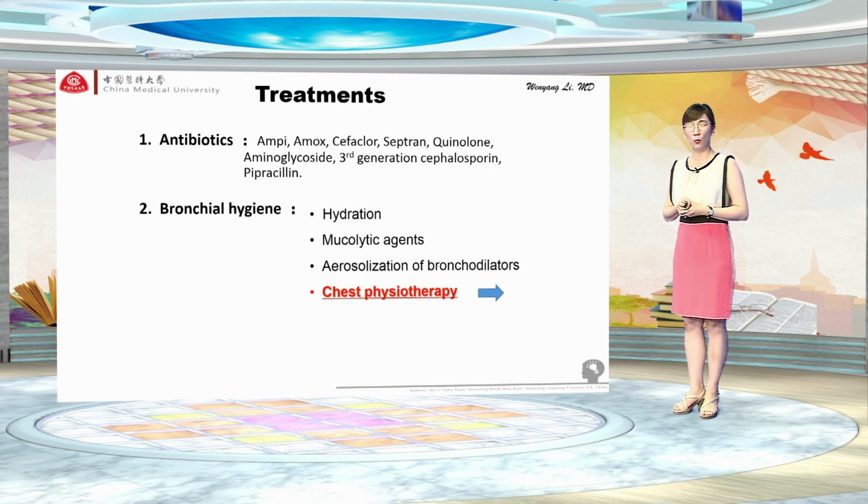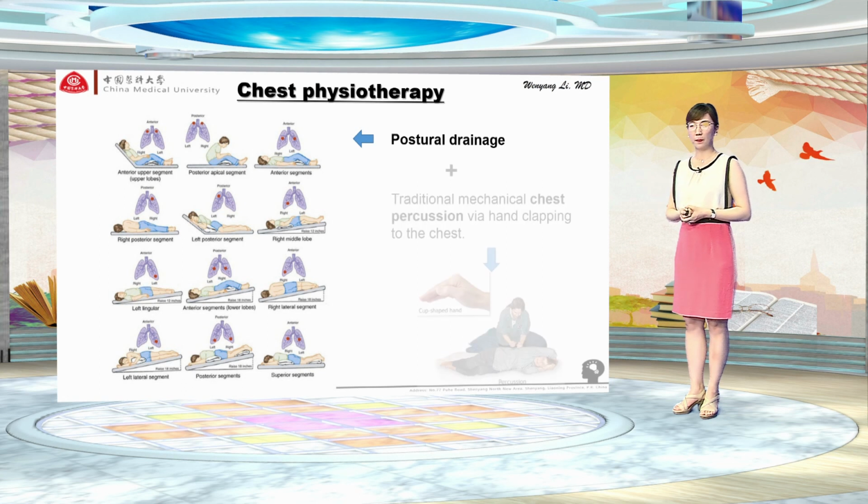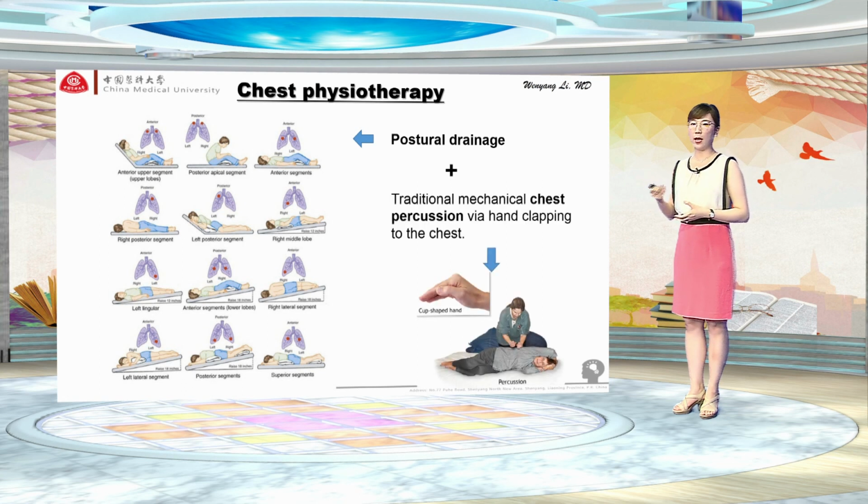You might ask, what is chest physiotherapy? As you can see from the picture, it is postural drainage. This kind of method involves getting into positions that make it easier for mucus or sputum to drain out of the body. Besides, we also have traditional mechanical chest percussion via cup-shaped hand clapping to the chest.